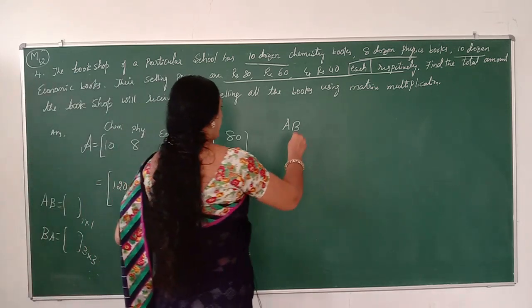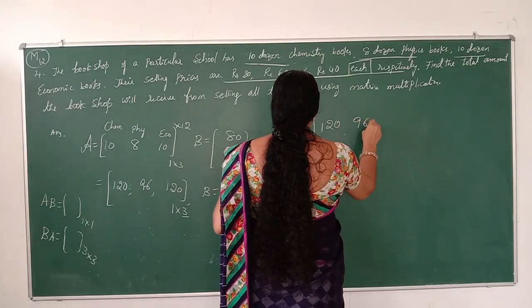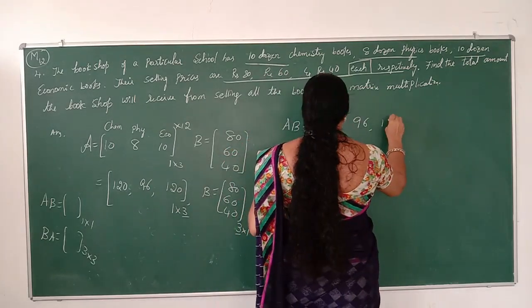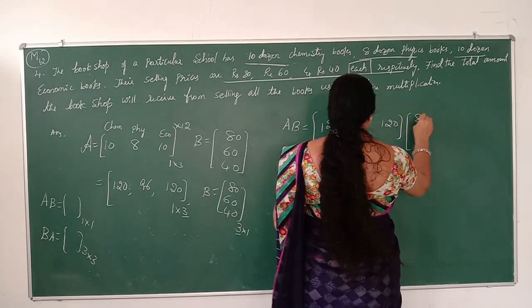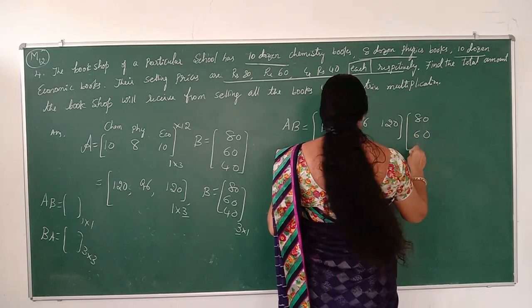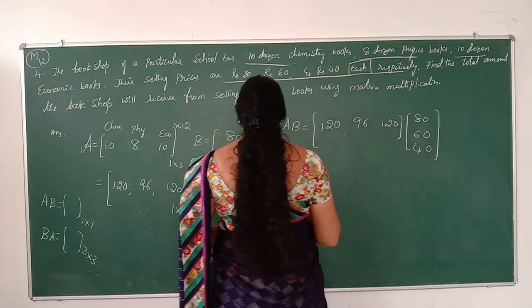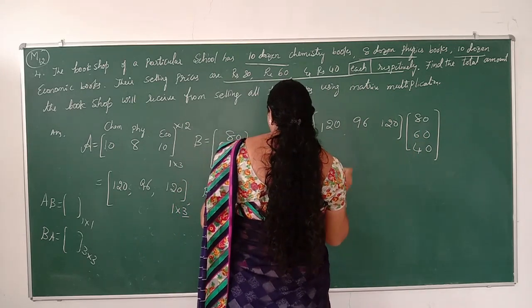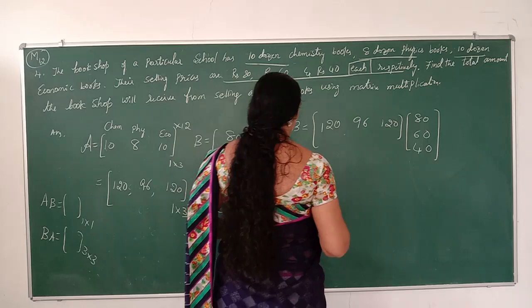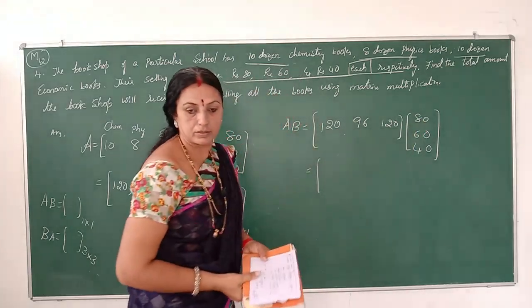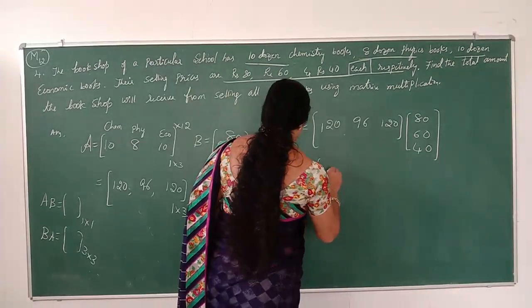So now A into B is 120, 96, 120 into 80, 60, 40. So we multiply.